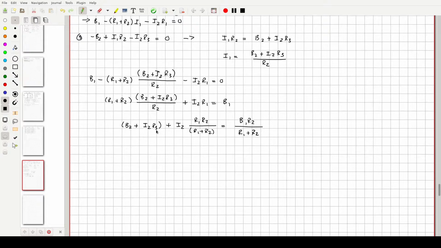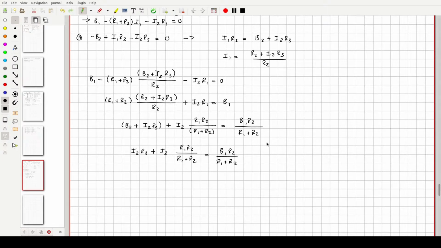Now, if you look over here, I have this battery term floating around that really isn't attached to an I, so I'm just going to move that over here. So I have an I2 R3 plus an I2 R1 R2 divided by R1 plus R2 is equal to B1 R2 over R1 plus R2.